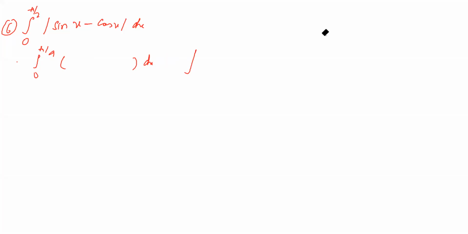So you have to just see: here it will be pi by 4 to pi by 2, and here again sin x minus cos x, here also sin x minus cos x dx. We don't know about their signs.